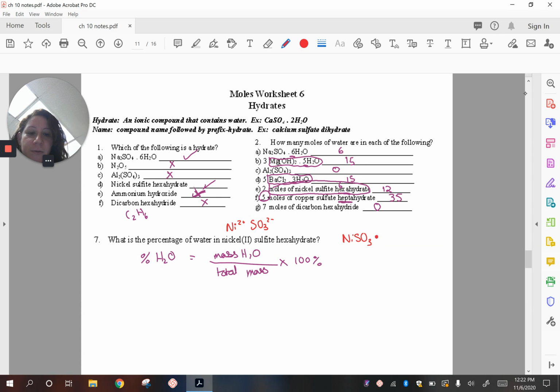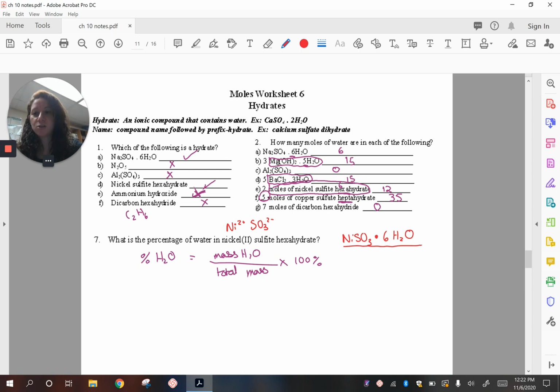Hexahydrate, there's my dot, and then that means 6H2O. So that's my formula for nickel 2 sulfite hexahydrate. So we're trying to find the mass of the water, and we're trying to find the total mass. They don't give us any numbers whatsoever, so we're going to have to pick an amount. Again, you can always pick any amount that you want.